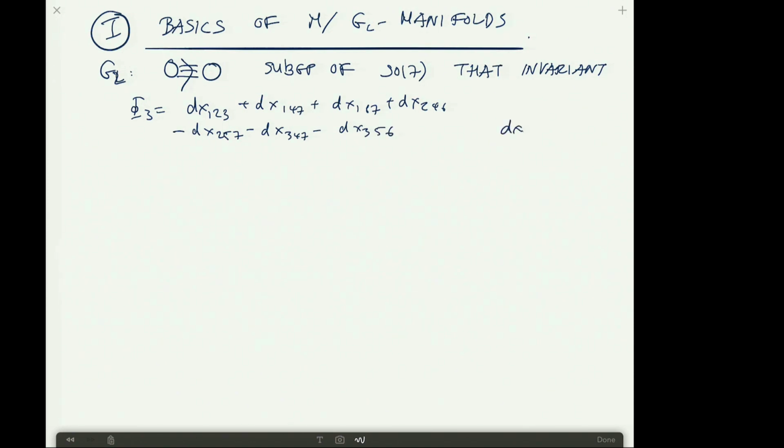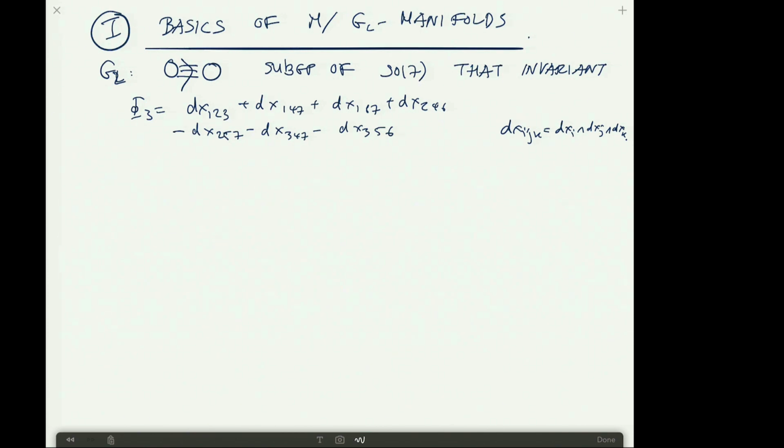Where dx^{ijk} is obviously dx^i wedge dx^j wedge dx^k. So SO(7) will act on this object, and the subgroup that actually keeps it invariant is G2.